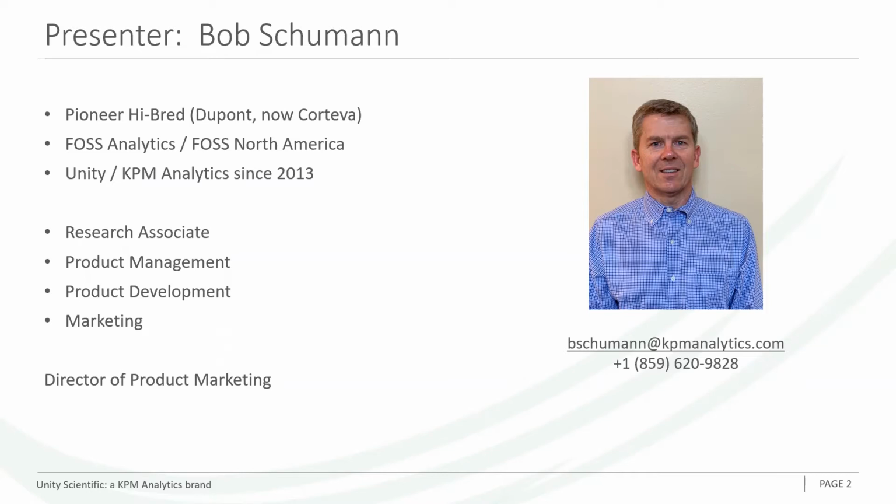Now it operates under the name Corteva. I was there for almost 11 years, spent about 15 years with Foss in various roles. And in 2013, I joined Unity. It was then purchased by KPM Analytics. So I've had a number of different roles, starting in a lab as a research associate, various product management, development, marketing roles. And my current title is Director of Product Marketing with KPM Analytics.